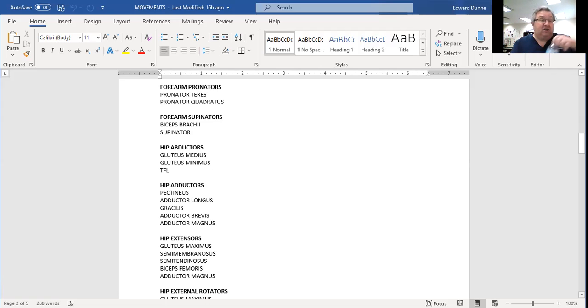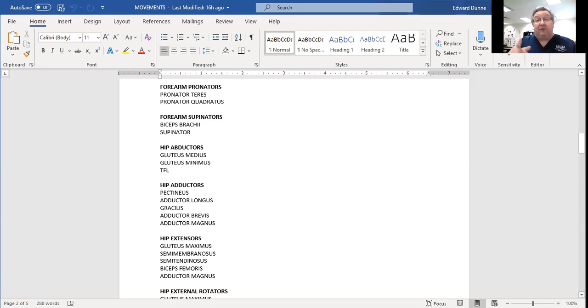Creating an X shape. So again, it's the radius that moves, which means that the insertion of each of these muscles is on the radius. So the pronators of the forearm are Pronator Teres. Right? Pronator Teres comes from the medial epicondyle.